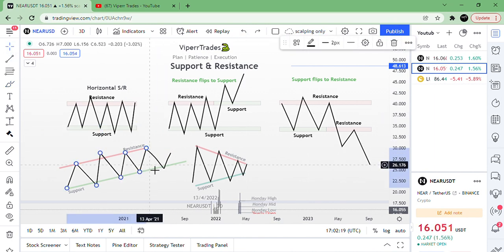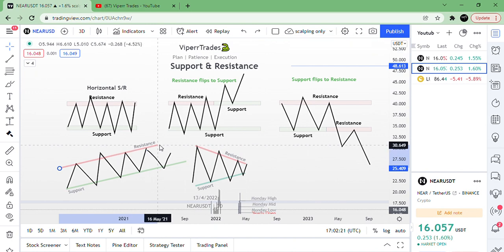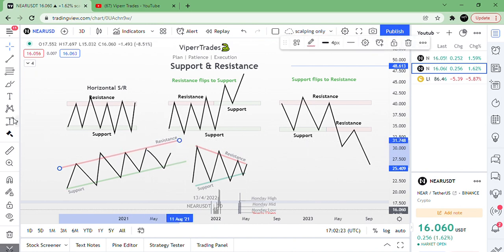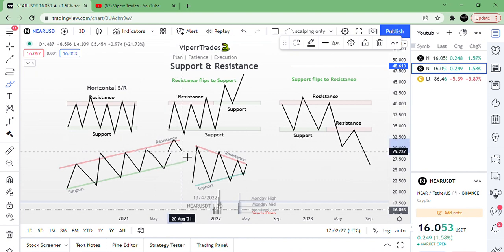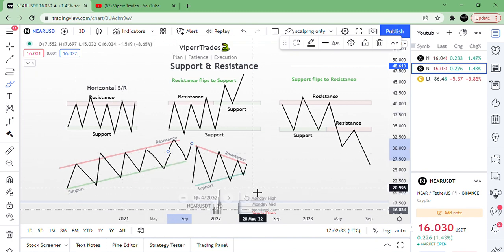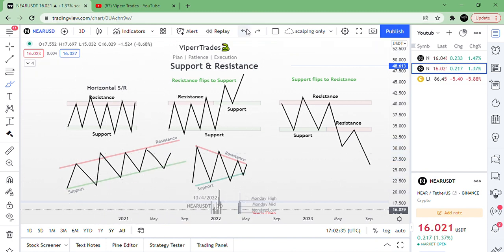Let's draw that there. They'll also extend the resistance here. So if price was to come back into here, they would expect price to hold as well. So something like that. This is called a channel. And yeah, that's essentially how it works. So you can use it to predict where you think price can go next.